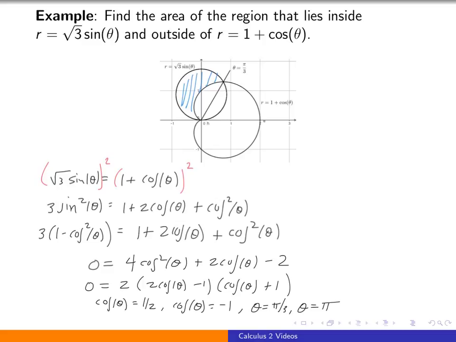Now note, in terms of calculating the enclosed area that we've indicated, that enclosed area is going to come from finding first the area enclosed from pi over 3 to pi with that circle, but that will include this extra crescent shape. And then what we'll need to do is subtract that away.